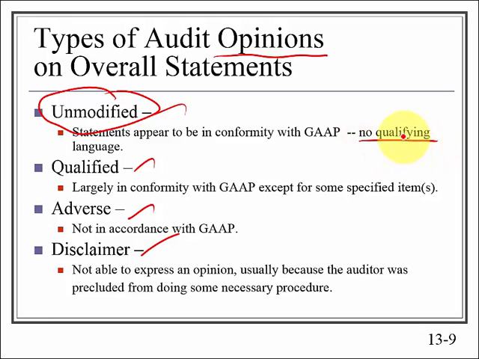Now, if the situation for the company has something that's not necessarily immaterial, that's not following accounting rules, then we can still say the financial statements fairly present what's happening, but we're going to specify something specific that's not accurate, and we call that a qualified opinion, yeah, or a modified opinion versus unqualified or unmodified.